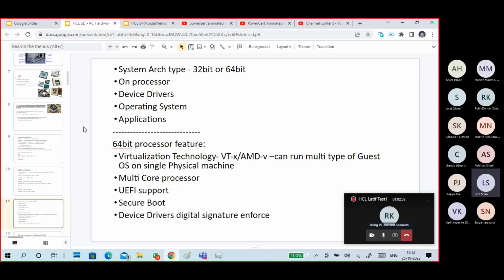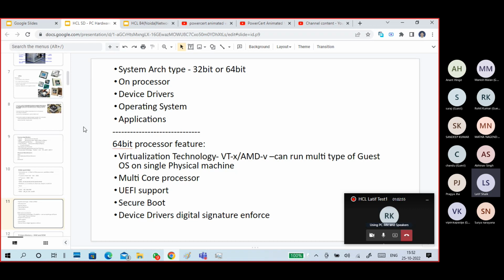For example, on Windows 10 64-bit, you can install 32-bit applications also because of a built-in feature. But it is not always suitable. Only in certain cases and certain operating systems is it supported, not for all. In common grounds, 64 means 64 only.